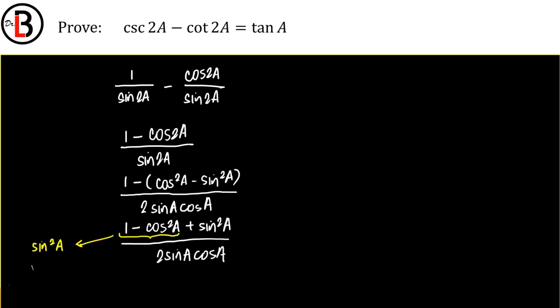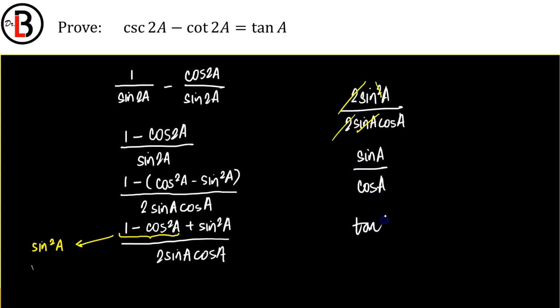So if I were to simplify this, that becomes 2 sine squared A all over 2 sine of A cosine of A. If you want to cancel out terms, the 2 cancels out, one of the sine A's cancels out. You'll be left with sine A over cosine of A, which is tangent of A. And then you have proven the identity. Let's just place equal signs here.